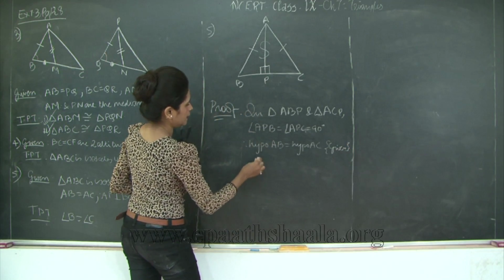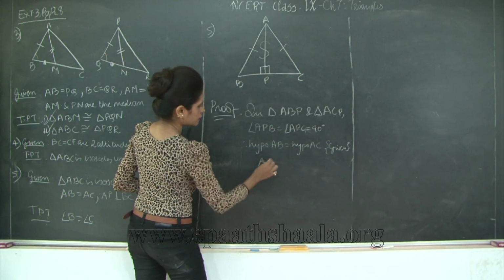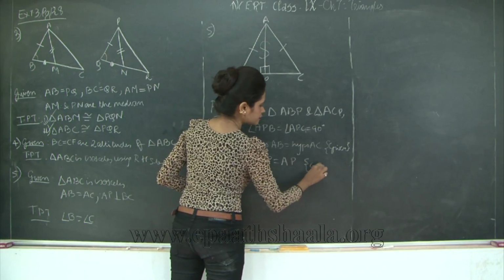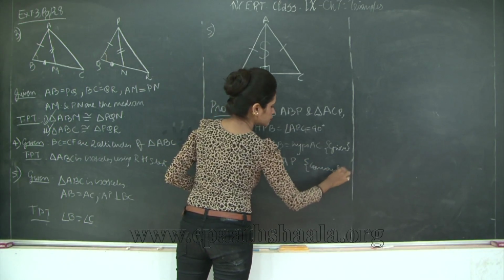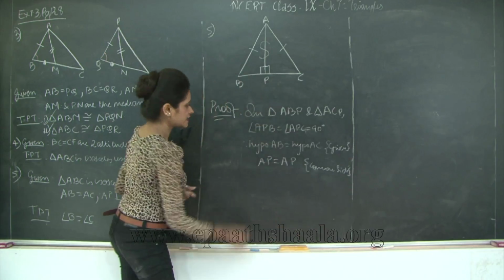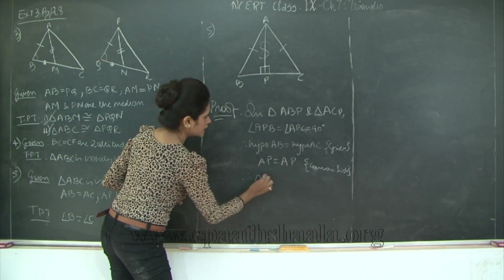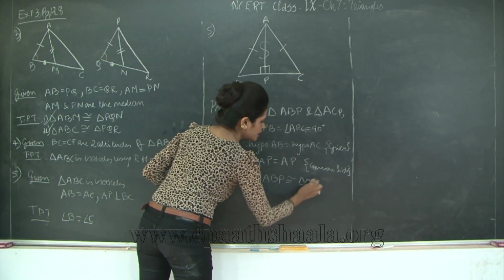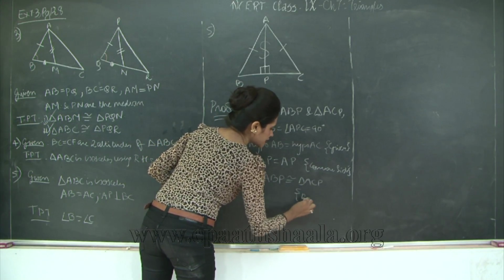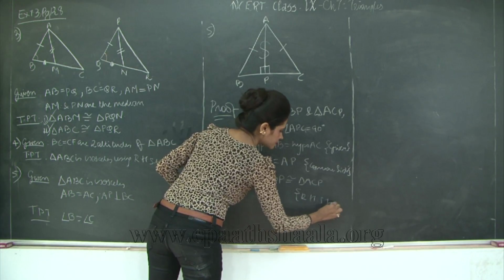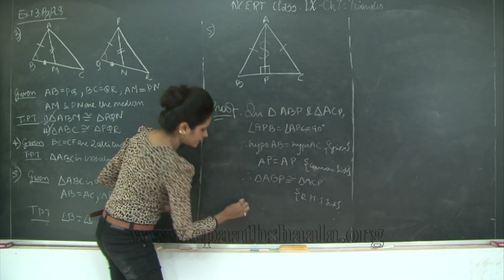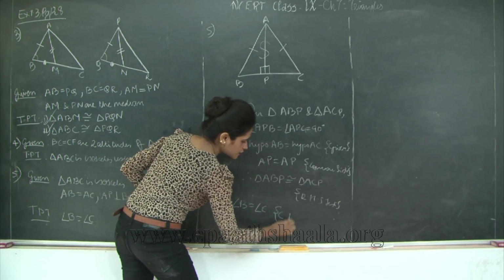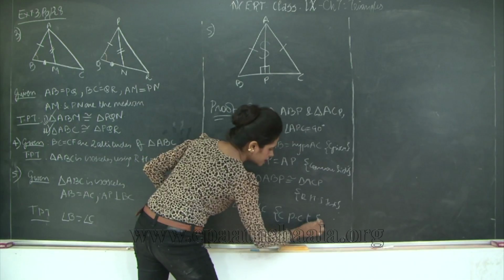Also, AP is equal to AP. Why? Common side. Therefore, what can I say? Therefore, triangle ABP is congruent to triangle ACP by RHS test. Therefore, angle B is equal to angle C, corresponding parts of congruent triangles, or CPCT.